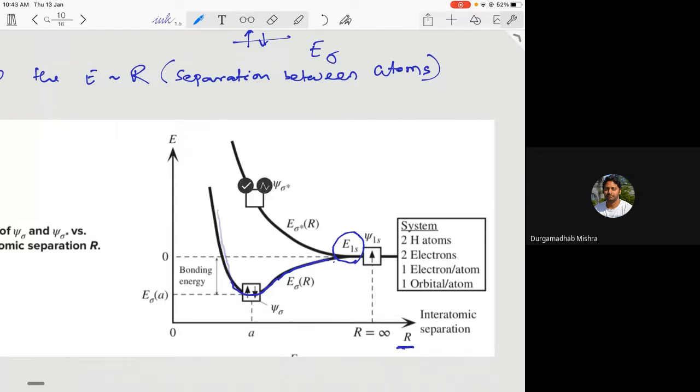This is the energy of one molecular orbital. We say this is psi sigma, sometimes also known as the symmetric molecular orbital, and then the other is psi sigma star, which represents the other molecular orbital with energy E sigma star.